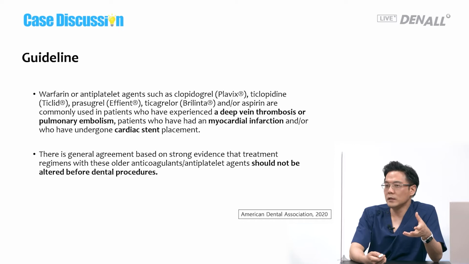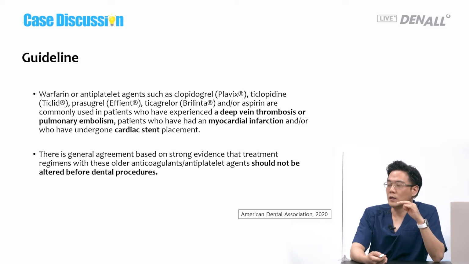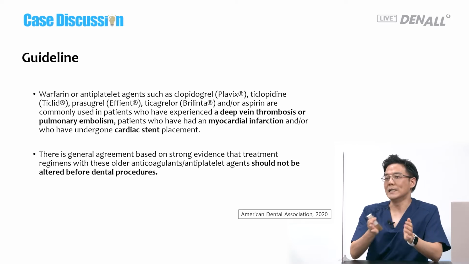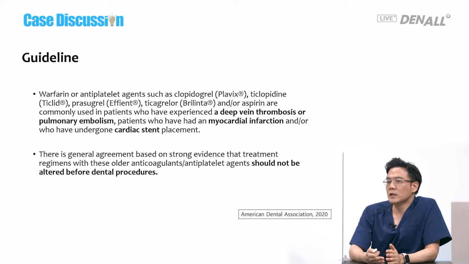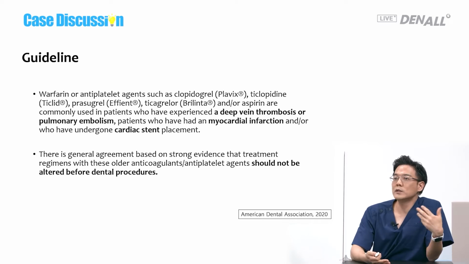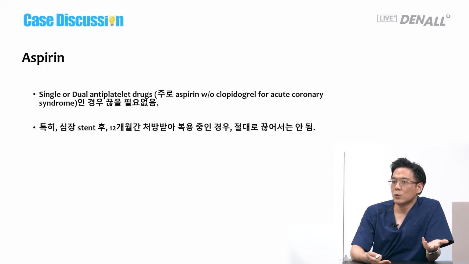Guidelines of ADA, warfarin or Plavix or aspirin are taken by patients who have experienced a deep vein thrombosis or embolism. So they need to be on the medication. That is the guideline. But there is an increased bleeding risk, which may put the patient in danger.